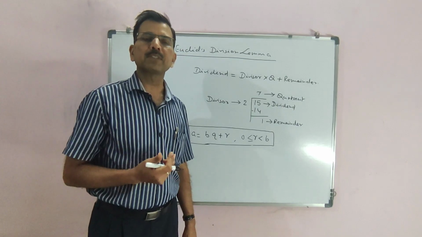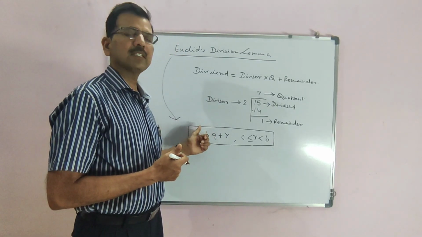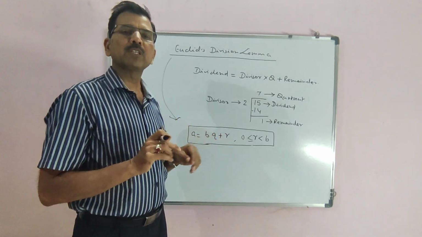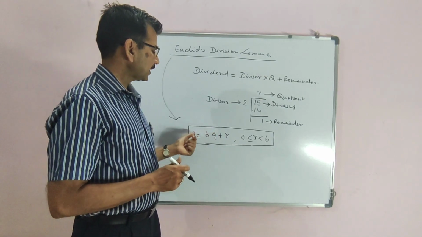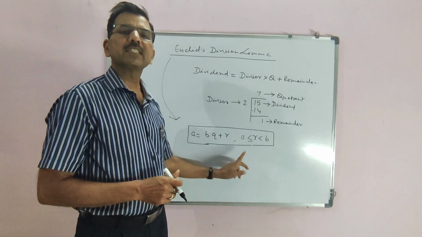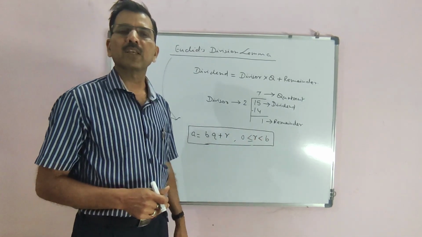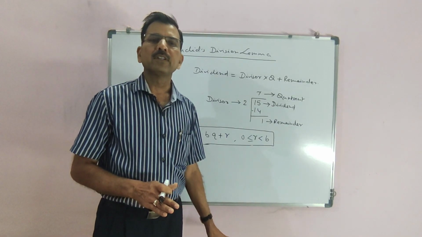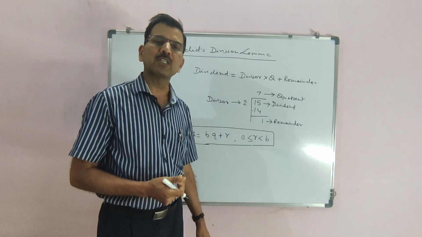So in board exam especially, since you are all board class students, the statement of the Euclid division lemma should be there in the mind. Okay, here again I am telling that A, B, Q, R, they are all integers, and condition for R is satisfying here with this relation. Clear to you? Now we'll come to the application of this Euclid division lemma.